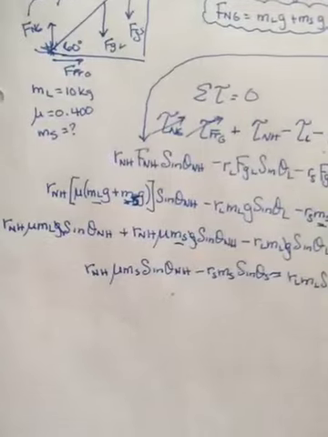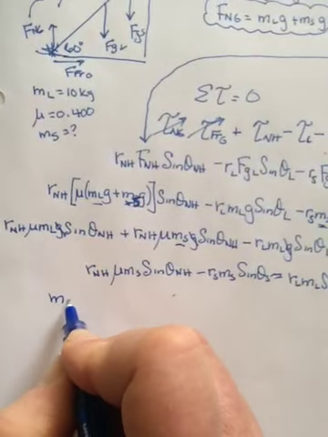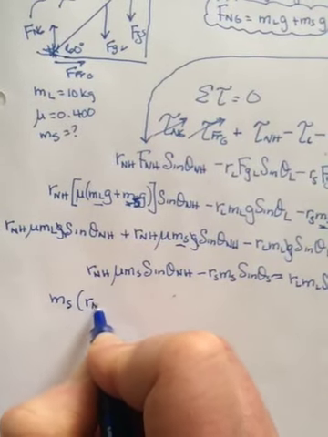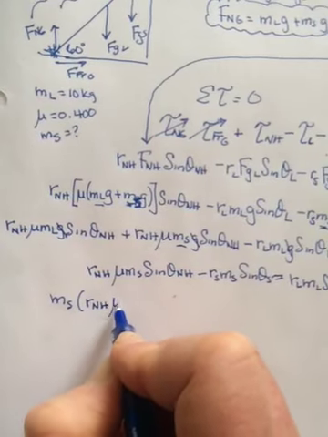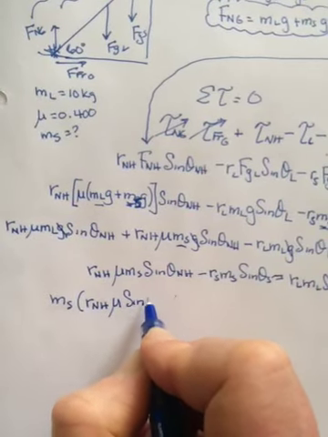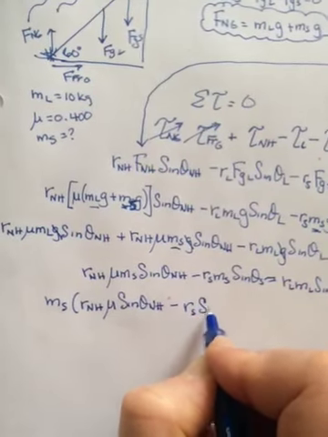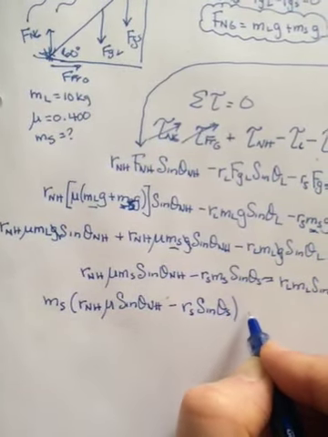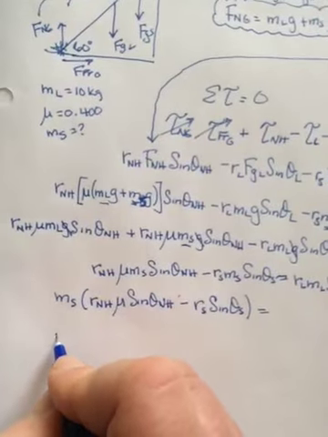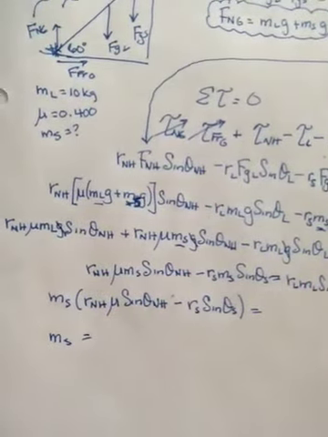All right, pull out your m of the student. So r normal of the house, mu, sine theta normal of the house, minus r of the student, sine theta of the student will equal everything on that side that doesn't change. Divide by the bracket.